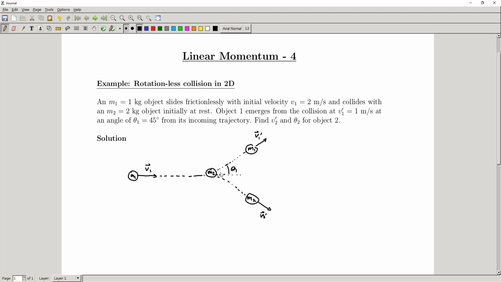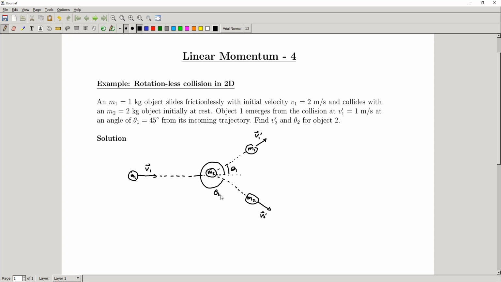We want to think of this angle as a positive angle rotating counterclockwise from the original direction that m1 was moving. So theta 2 is really going to be an angle like this, right? That would be our theta 2. Or it could be a negative angle in here going this way, right? But if we think of it as a positive angle, it's this larger theta 2 here.